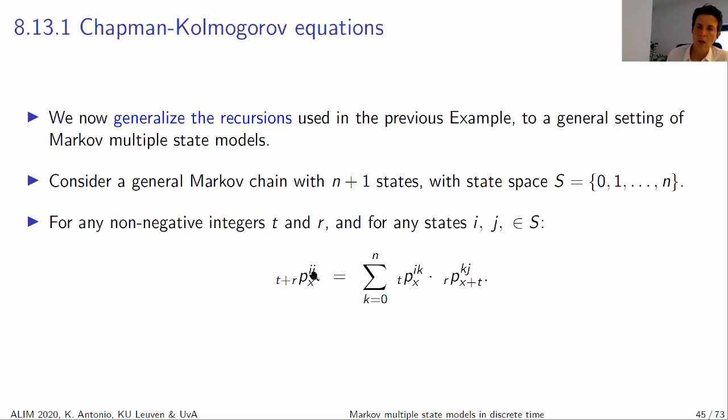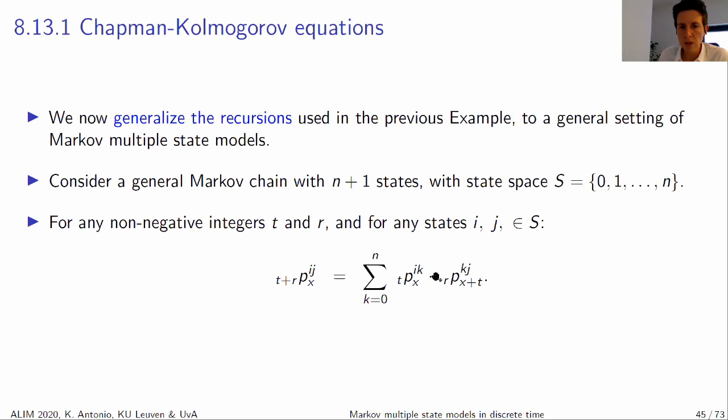Essentially, I want to start with somebody who is at age x in state i. I want to know what's the probability that in t plus r years from now you will be in state j. The way I calculate these probabilities is by looking at what's happening at an intermediate time point, here labeled t. What's the probability that you will then be in state k? And what's then the probability that from k you will go to state j in r years from there?